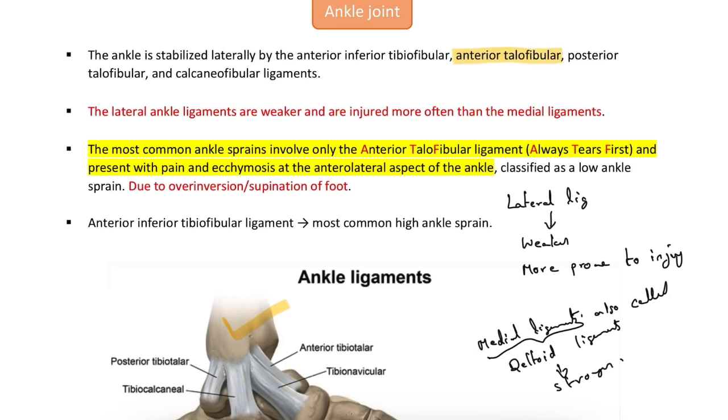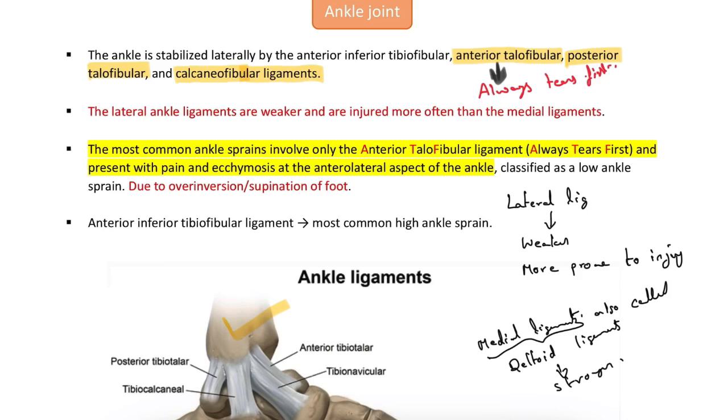Why I am focusing on this ligament is that it always tears first, very prone to tear. That's why this is very important. Next, posterior talofibular ligament and calcaneofibular ligament, CFL.